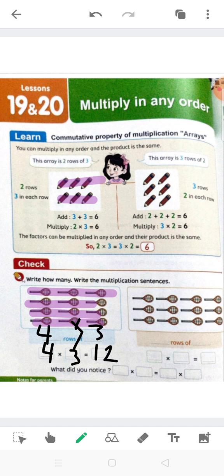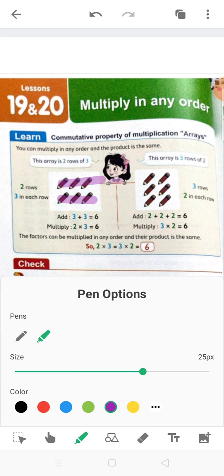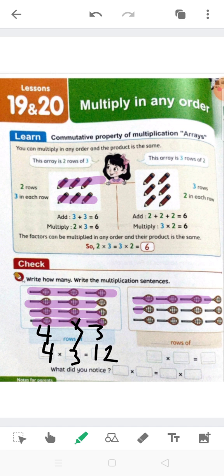Okay, let's see here. How many rows do we have? This is 1, 2, 3. He writes rows first, so I will write the number of rows in the beginning. I've got 3. Look here. How many columns?